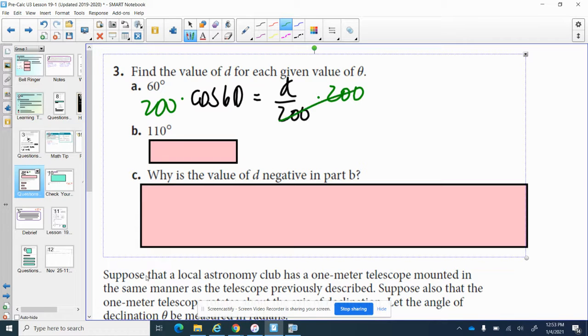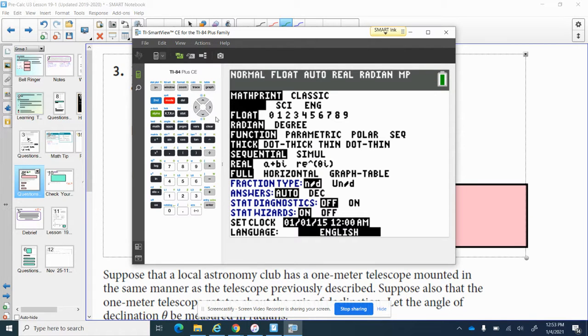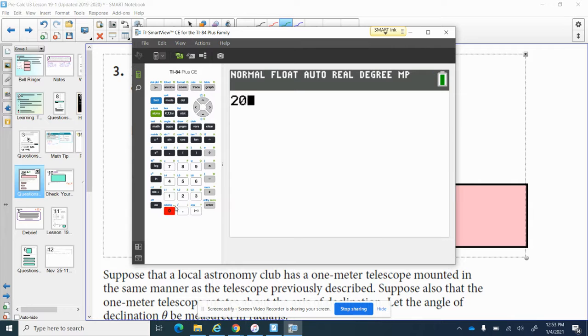A couple things to note: as always, it's very important that we look at our mode. Since we're dealing with degrees, we want the calculator in degree mode. Then 200 times cosine of 60, which is 1/2, should be 100, right?